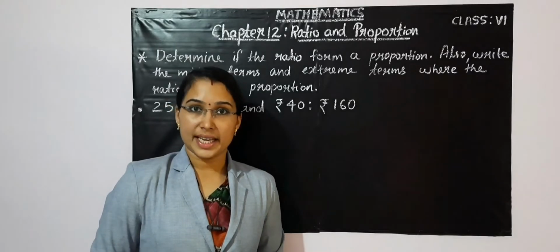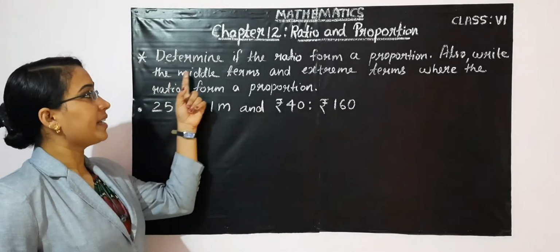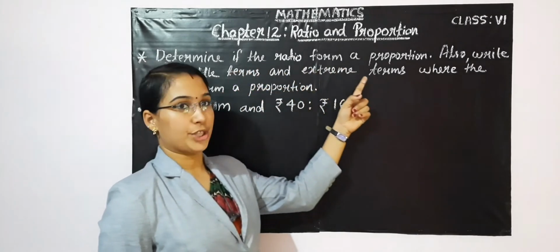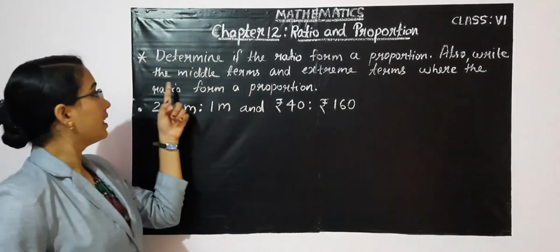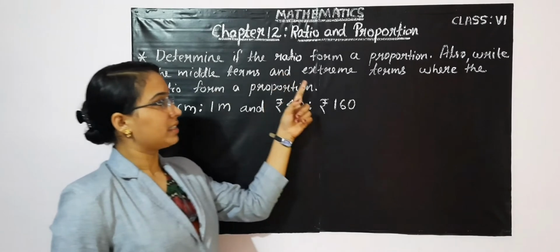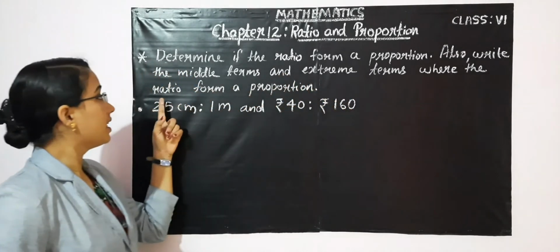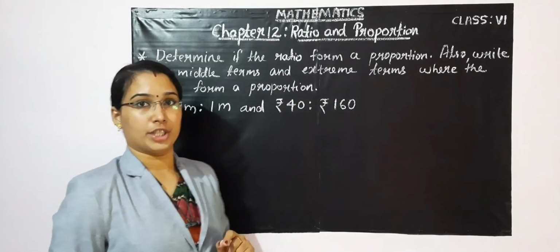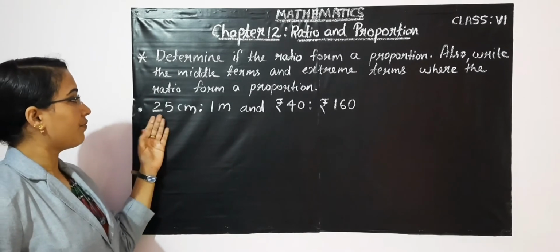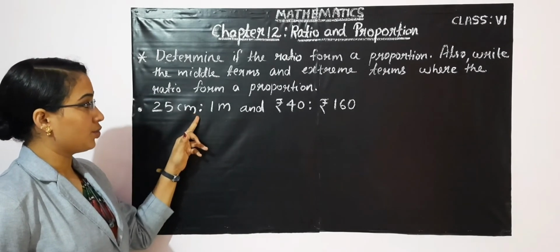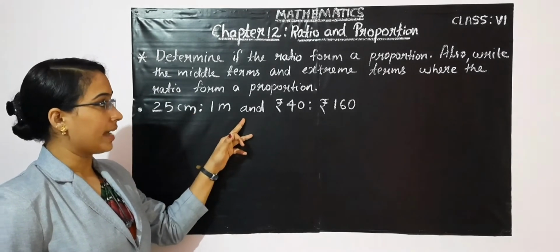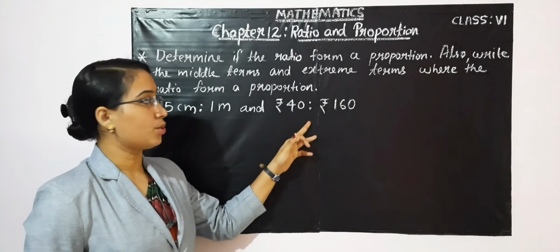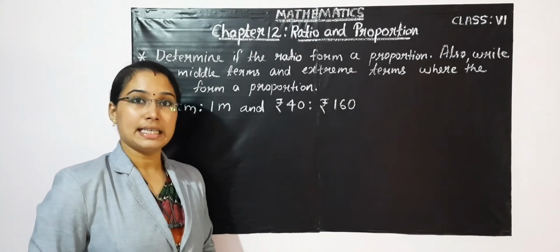Okay. Next question. Determine if the ratio form a proportion. Also write the middle terms and extreme terms where the ratio form a proportion. Here the question is 25 centimeter is to 1 meter and rupees 40 is to rupees 160.